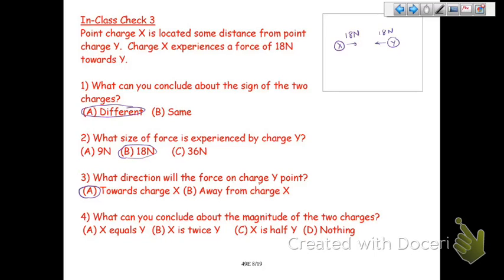We know that the two forces are the same size, don't we? We know they've got forces of the same magnitude. So the question is, if you have forces of the same magnitude, do you have charges of the same magnitude? Is the pull of the moon on the Earth the same as the pull of the Earth on the moon? Have they got the same amount of mass?